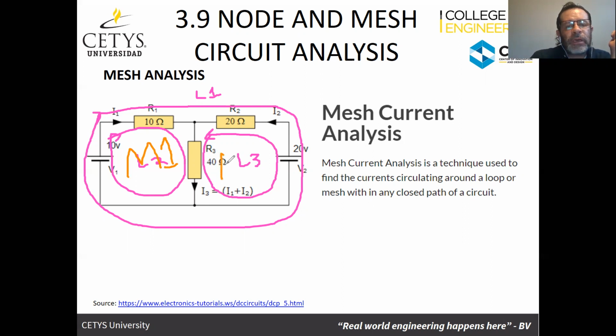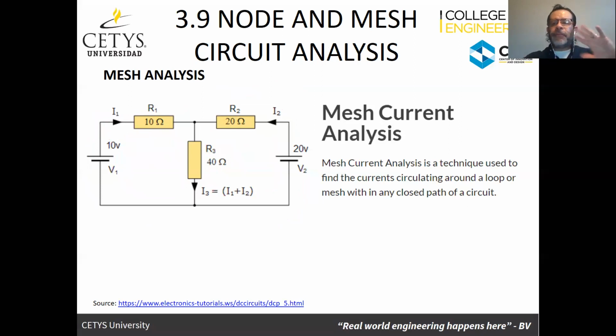I'm going to call this mesh 1. And what I call loop 3 is another mesh. Loop 1 is not a mesh, okay? Why is it not a mesh? Because it contains other loops within it. So that's basically the overview of those concepts that we had already seen.